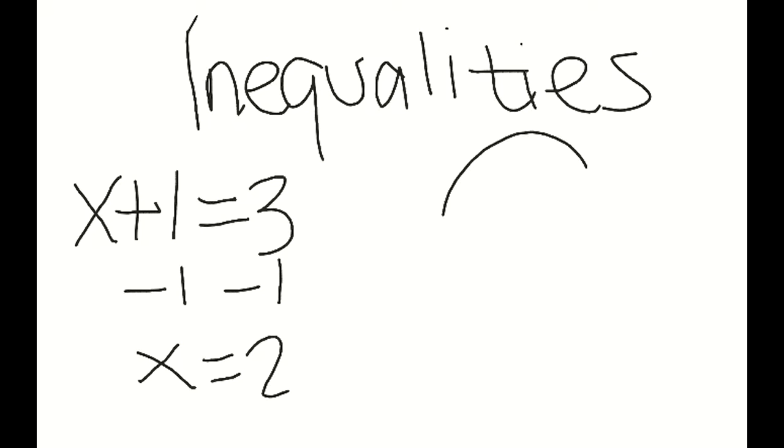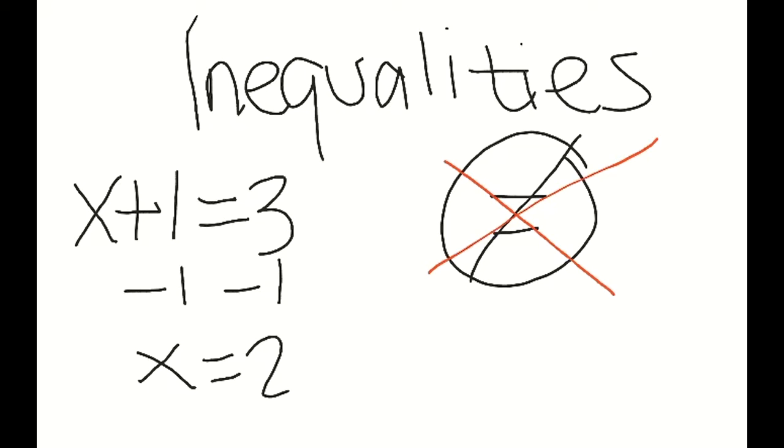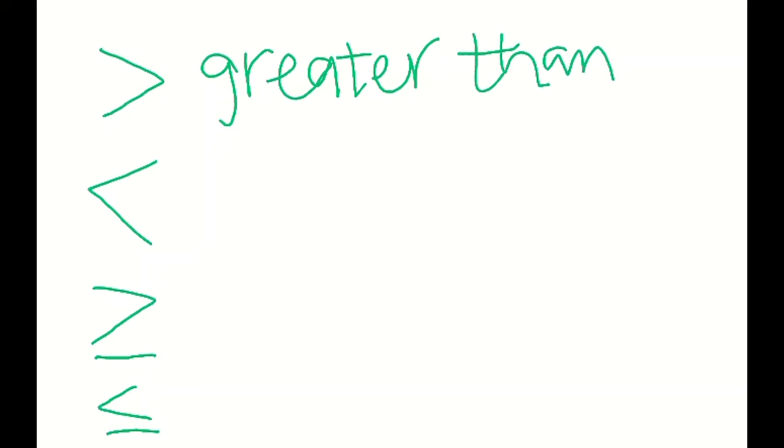Yeah. Well, it's kind of the same thing, except we do not use equal signs. That's a big no-no. What we use instead are called inequality symbols, and they look like this. So what they mean: this first one, where the mouth is open to the left, means greater than. And what I mean by mouth is this part right here.